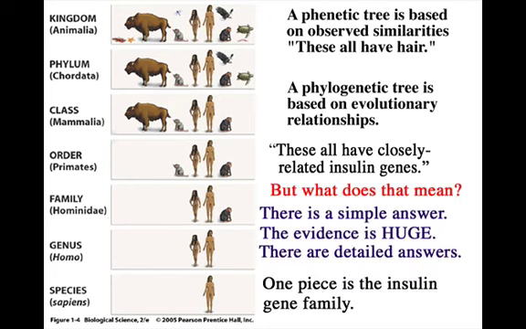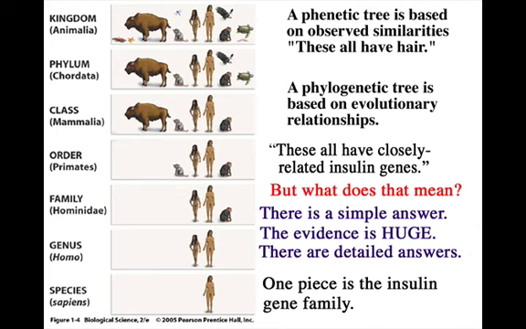There's this simple answer that we've just gone over here. And the evidence for phylogenetic trees based on that simple description is huge because it's true for every gene. And we'll talk about a lot of genes in this course and a lot of relationships between species in this course. We won't have time to talk about the detailed arguments that these are insulin gene orthologs.